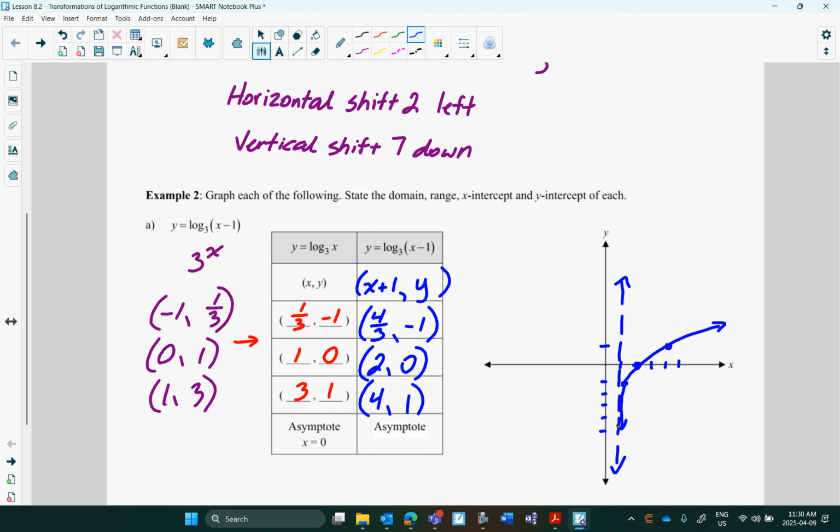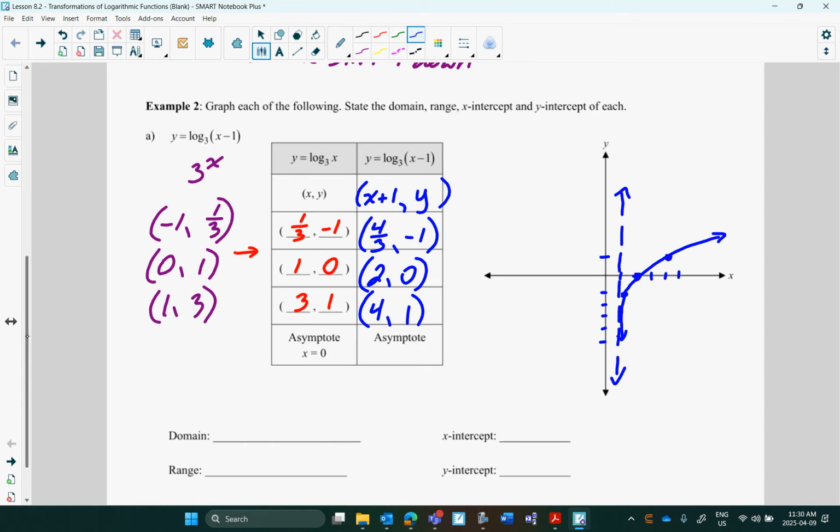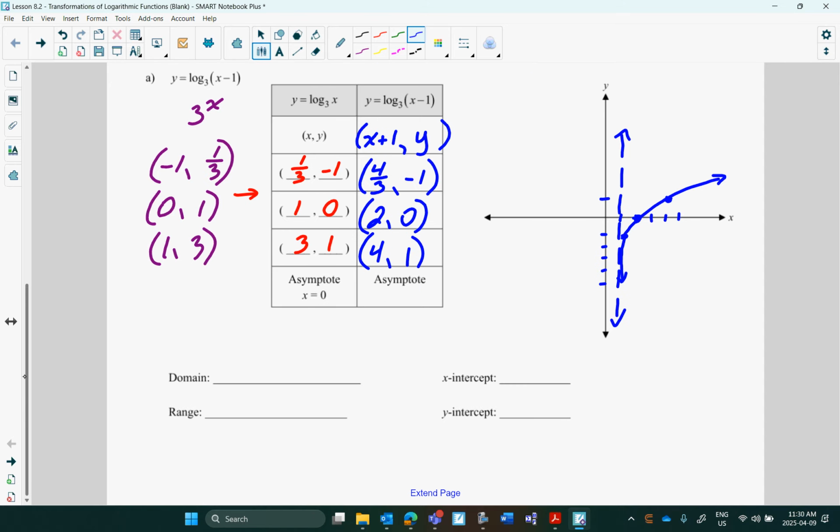Notice the instructions also say domain, range, x-intercept, and y-intercept. What's the domain? Furthest left to furthest right. 1 to infinity. What goes around? Parentheses, right? Because we don't include 1.